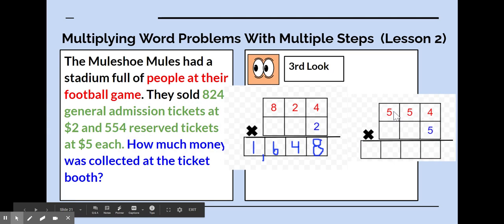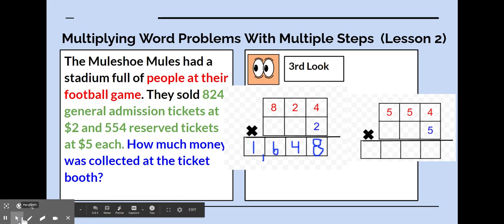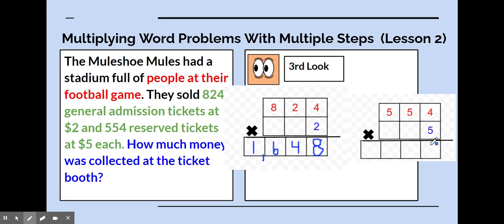Now in the next group, there were 554 reserve tickets that were sold, and they were sold at $5 each. So we would multiply 554 by 5. So 5 times 4 is 20. Put down your 0, carry your 2. Then 5 times 5 is 25, plus 2 more is 27.